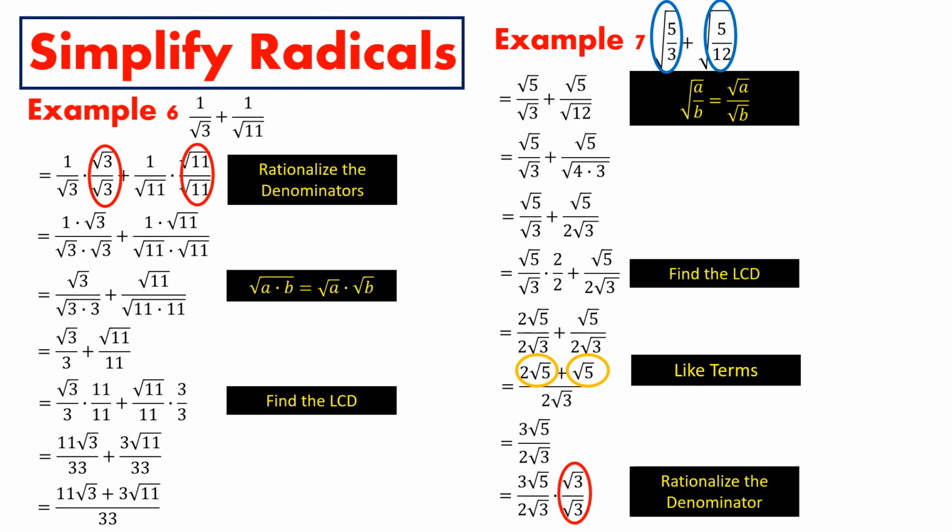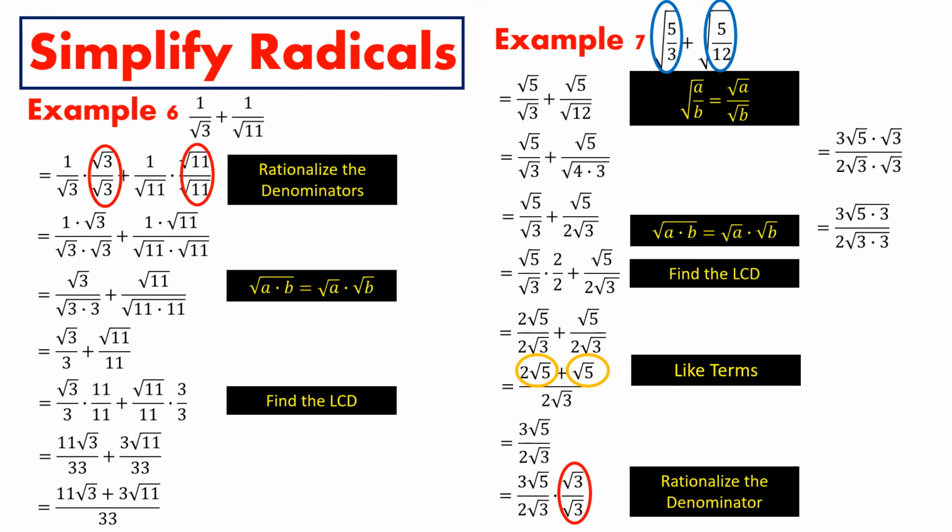We rationalize the denominator. We apply this property. Note that the 3 in the numerator and the 3 in the denominator get cancelled out. So we end up with square root of 15 all over 2 as the final answer.